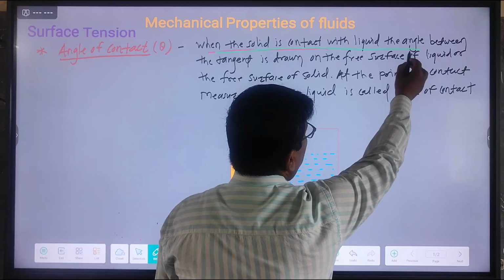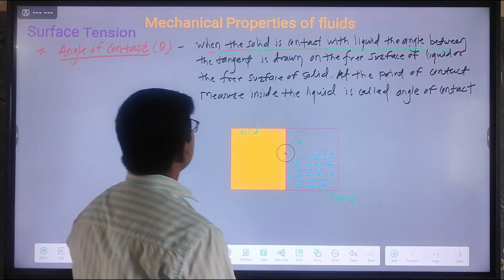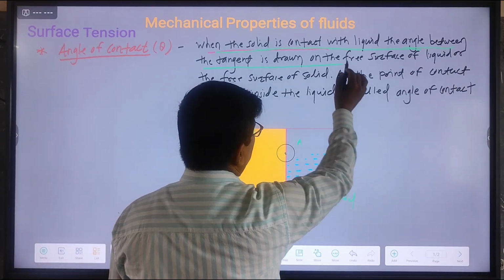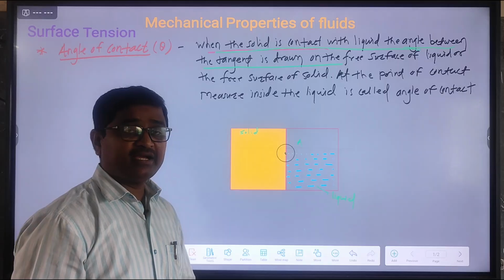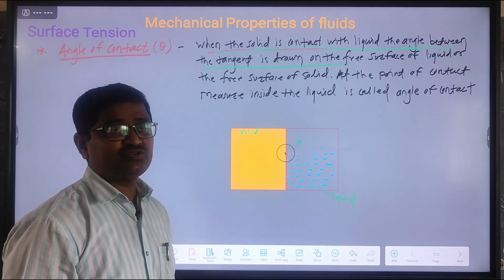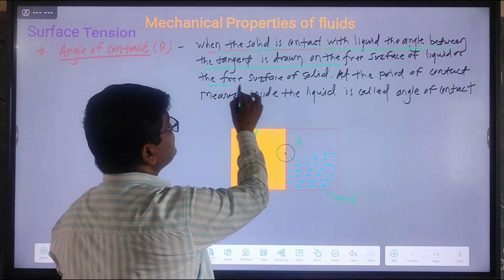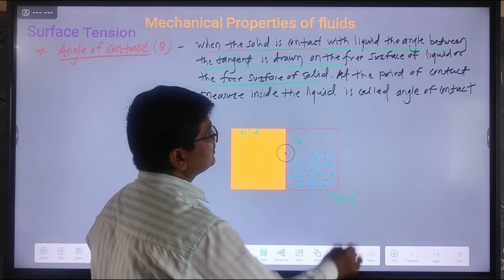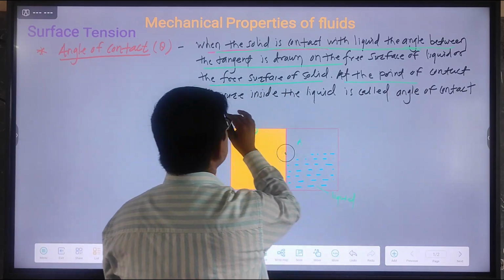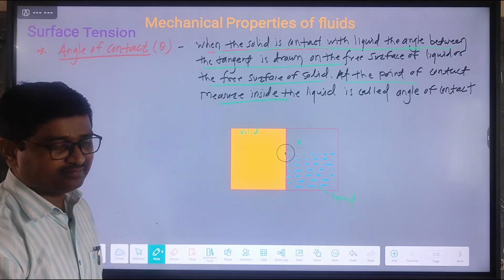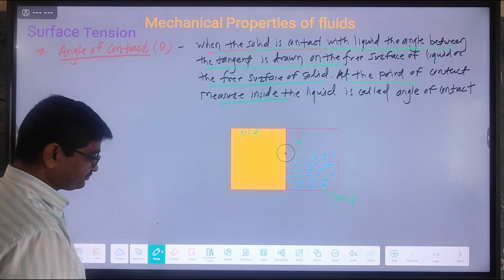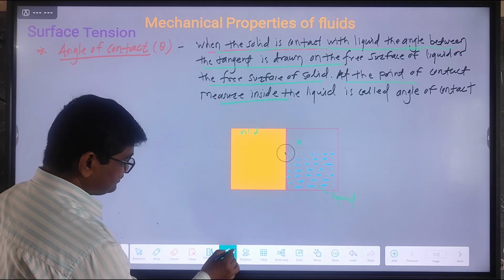Next, the angle between the tangent drawn on the free surface of liquid or the free surface of solid at the point of contact, measured inside the liquid. Let's see here.